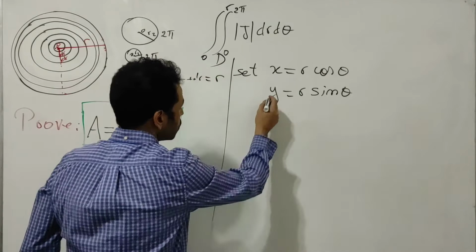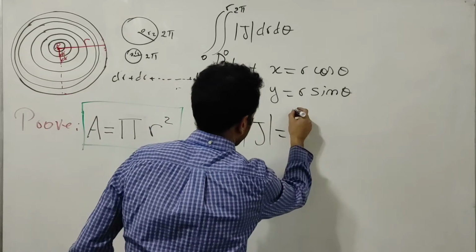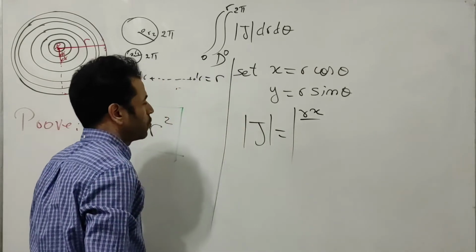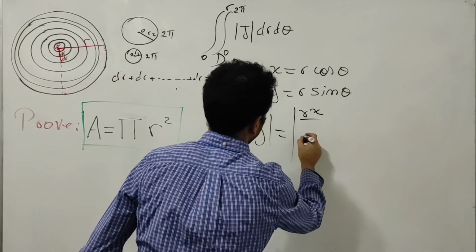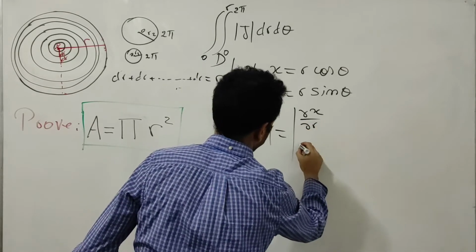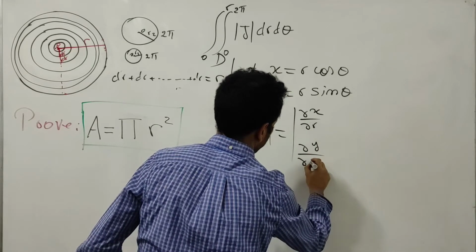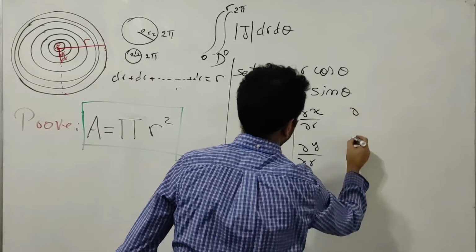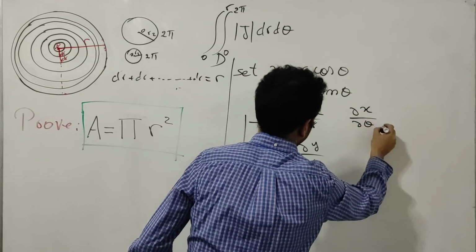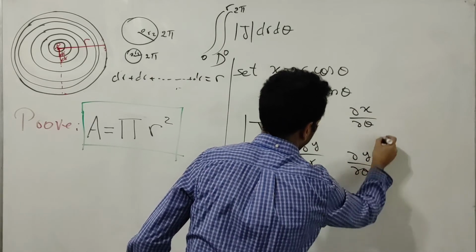Now the G component as a matrix gives us the partial derivative of x with respect to r, then the partial of y with respect to r, then the partial of x with respect to theta, and for the fourth one, the partial of y with respect to theta.